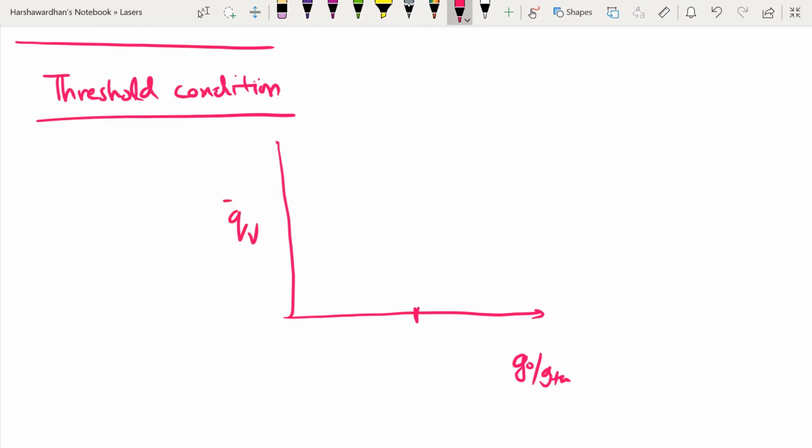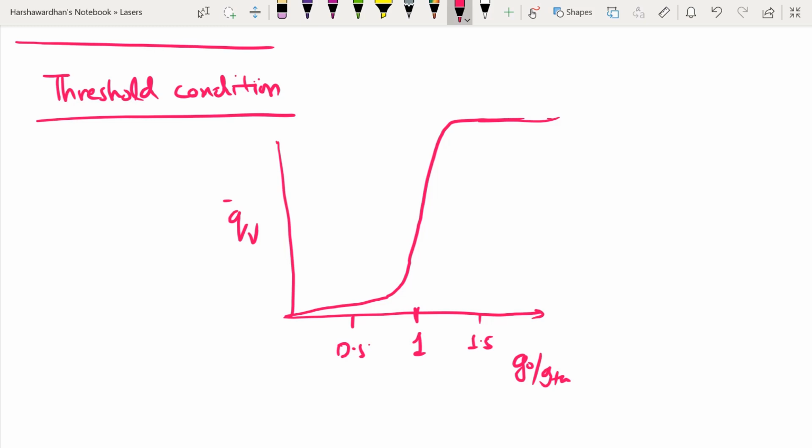At threshold, I will just mention the result, there is a dramatic growth in the number of photons, right? Below threshold, it is largely thermal radiation, and above threshold, of course, it's all lasing. But at threshold, you see this dramatic change in the number of photons. This dramatic change is not only in the number of photons, but also in the photon statistics, going from thermal statistics to a Poissonian distribution in the statistics of photons that are coming out.